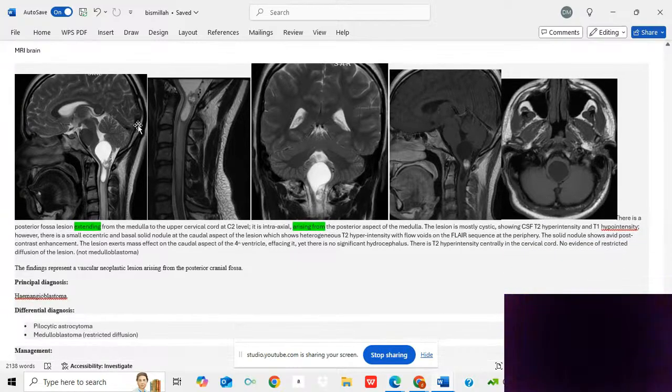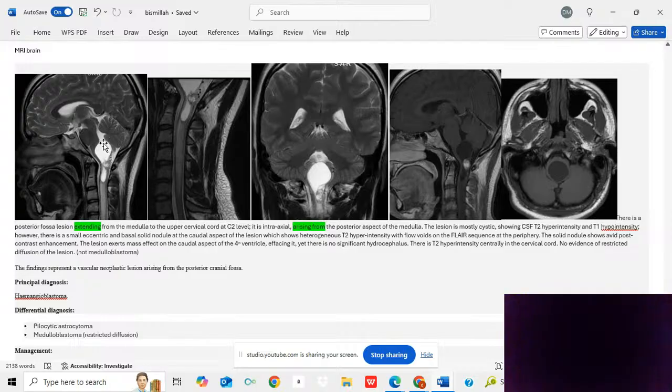So as you can see, this is an example of haemangioblastoma. There's a posterior fossa lesion. You need first to mention the level of the lesion, extending from the medulla to the upper cervical cord at the C2 level.